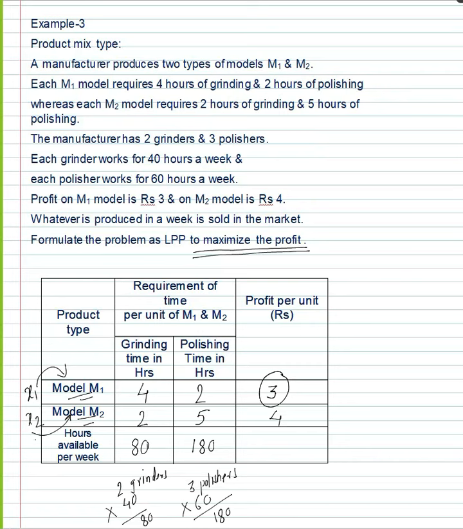Therefore, profit on x1 units will be 3 into x1. Similarly, profit on 1 unit of model M2 is rupees 4. Therefore, profit on x2 units will be 4 into x2.